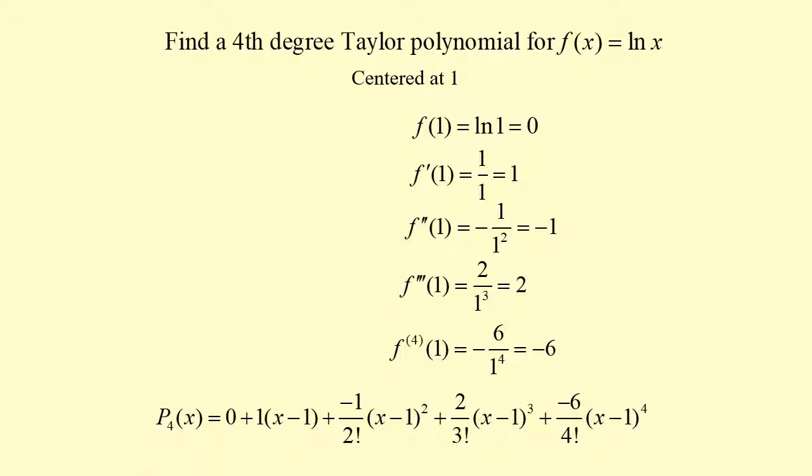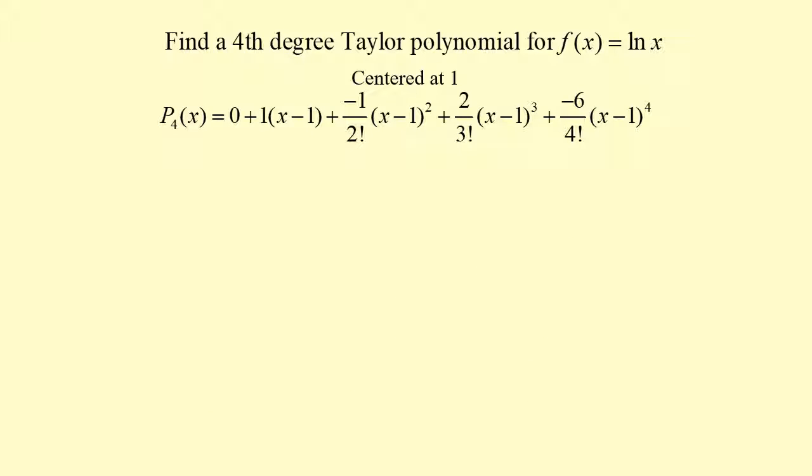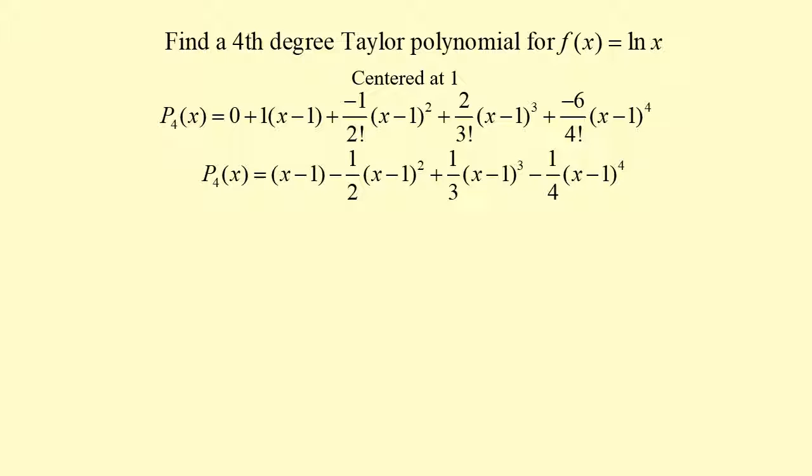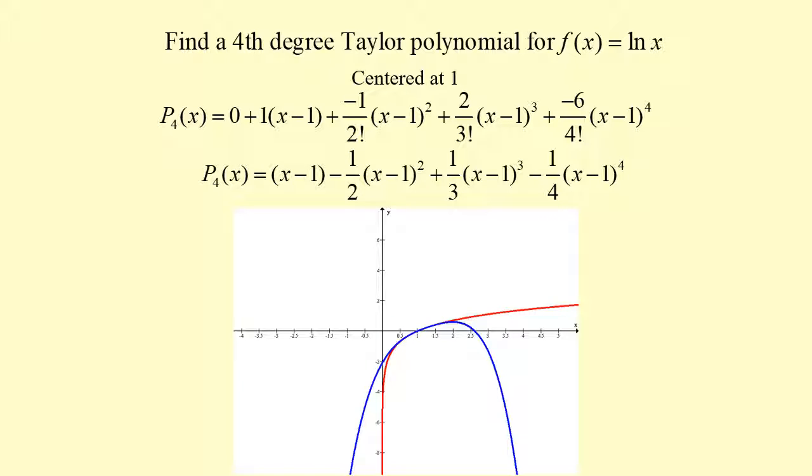And then we put all of those into the formula. Some of those are zeros, first one that is, and so we can simplify that. And there's our fourth degree polynomial centered at 1 that represents the ln of x. Here's the graph, and again you can see matching graphs close to 1.